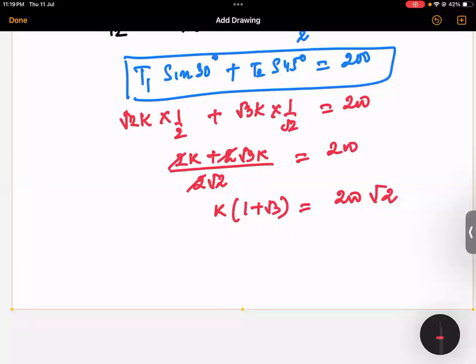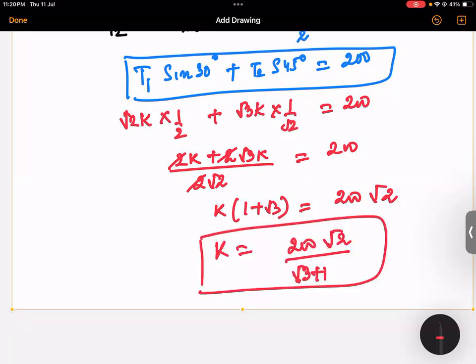Now you can easily calculate the value of K. So K equal to 200 root 2 divided by root 3 plus 1. So this is your K.